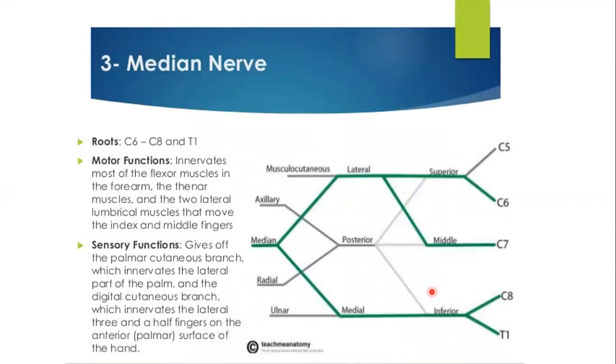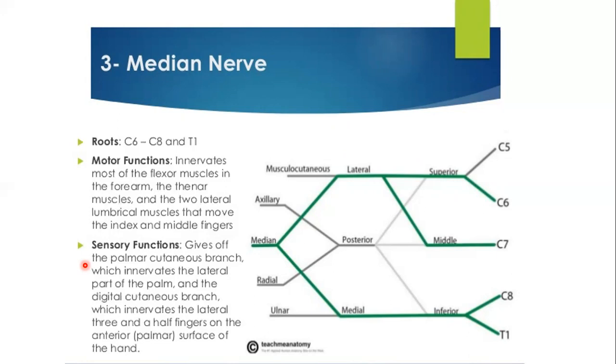Next we have the median nerve. It has its root value from C6, C7, C8, and T1. It has two functions, the motor function and the sensory function. In its motor function, it innervates most of the flexor muscles of the forearm.